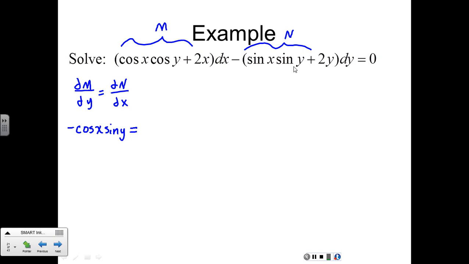Partial of this with respect to x. The sine y is just a constant. The derivative of sine of x would be cosine x, but the minus sign would make it negative. So minus cosine x, sine y. Check. It is an exact equation.